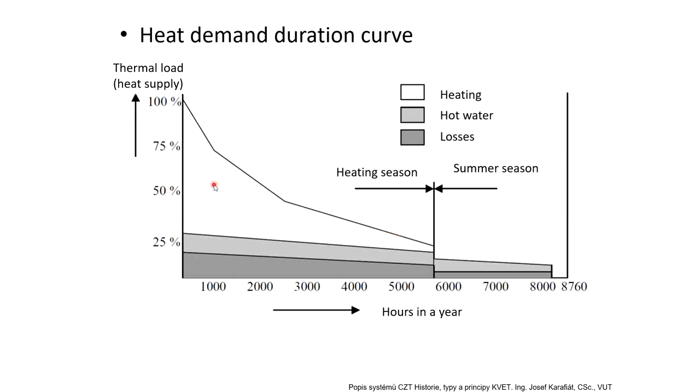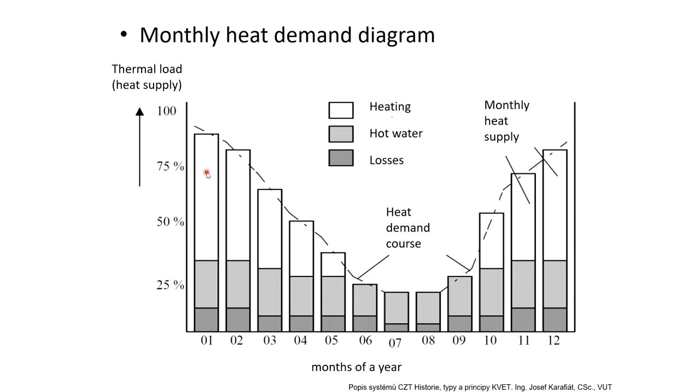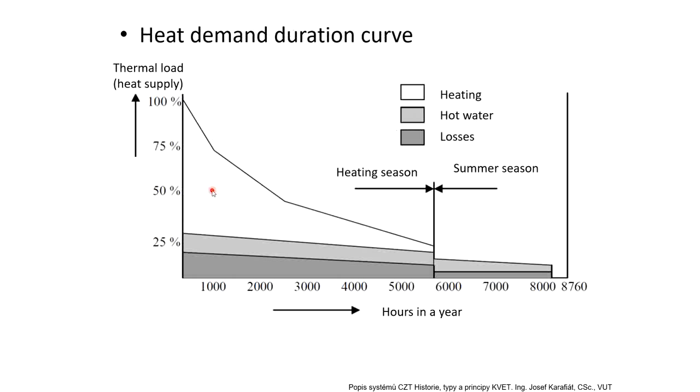So these are the values that are here, let's say with the resolution of a day, but these days are ordered and sorted from the highest thermal load or highest heat demand to the lowest one. And we can see the requirement for heating, which over the course of the year, going to 8,760 hours, is decreasing up to the point where there is a switching point between the heating season and summer season.